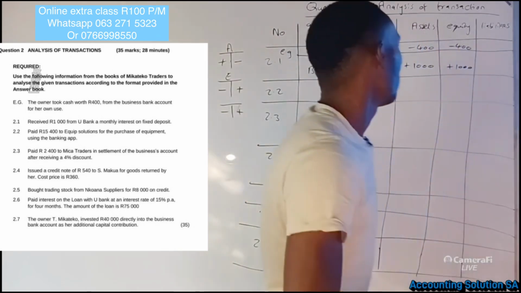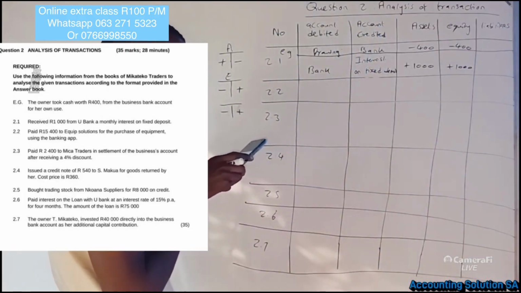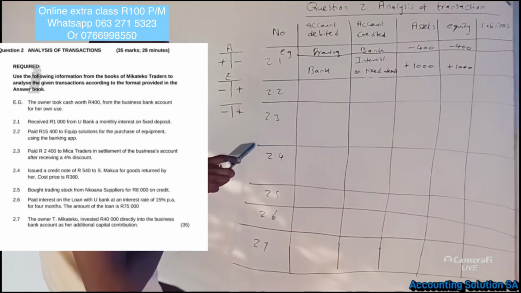Very simple. Then the following one: paid 15,400 to Equipment Solutions to purchase equipment using the banking app.